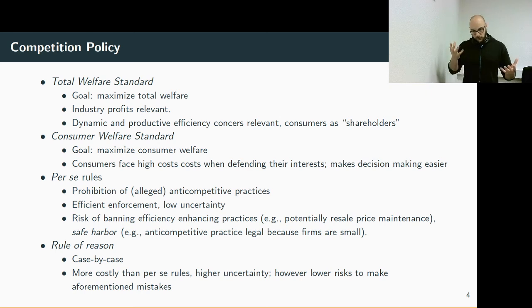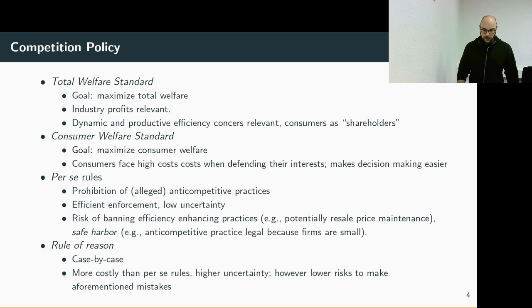And if we compare the German and the US approach, especially when it comes to resale price maintenance, there is a difference here, right? It's debatable whether this should be per se forbidden or whether we should apply the rule of reason approach, right?